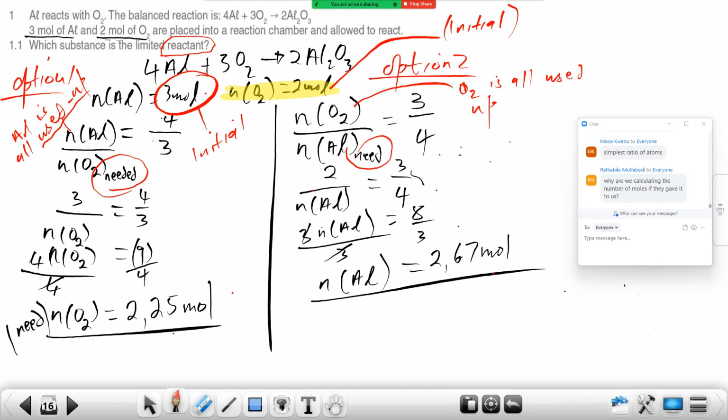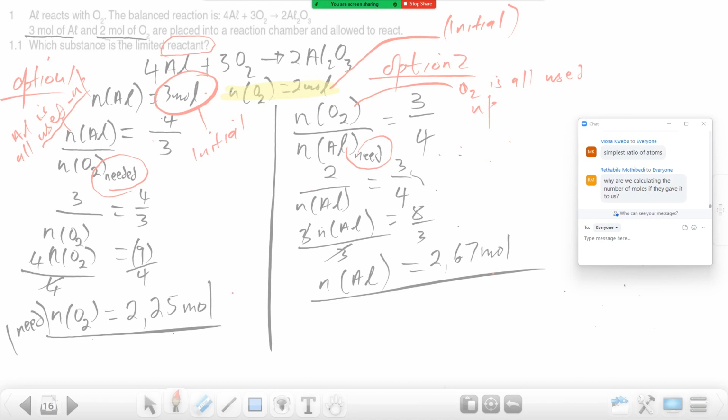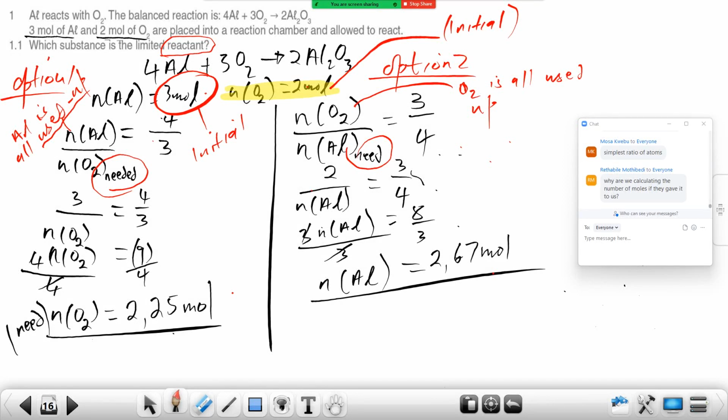So this is now a reference in terms of how much I need. I have the 2, but I need the 2.25. So what does this mean? It says my oxygen is somehow limited. My oxygen is not enough. My oxygen will not be in a position of giving me the final desired product.